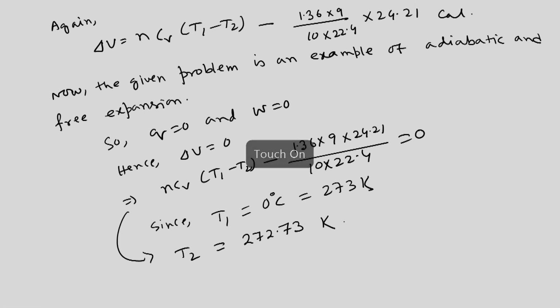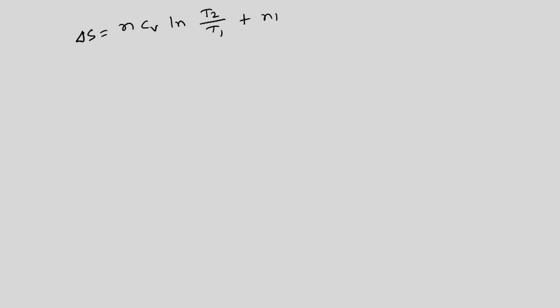So, what is the value of entropy change? Okay. So, delta S is n Cv ln T2 by T1 plus n R ln 10, or V2 by V1. So, this is the expression for entropy.